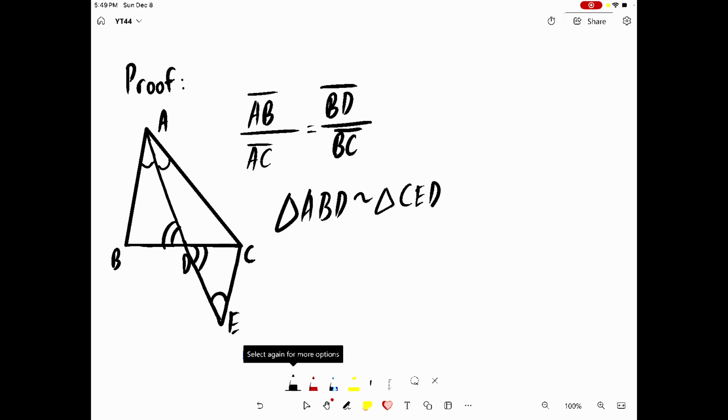The side that corresponds to AB is CE. So AB divided by CE is equal to BD divided by DC, since those are the corresponding sides. Now let's just quickly move that away and write that again.